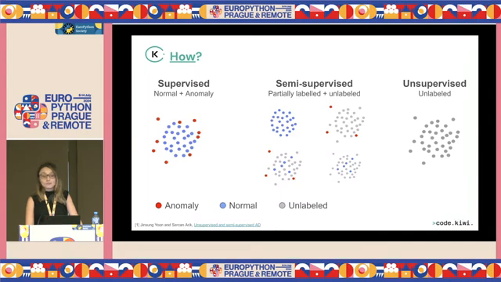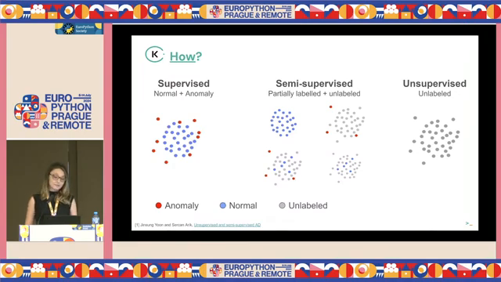How can we solve anomaly detection? There are three big settings. First, if you are extremely lucky and you have only annotated data. It's the supervised setting, in which you can train a binary classifier for normal data versus anomalous data.